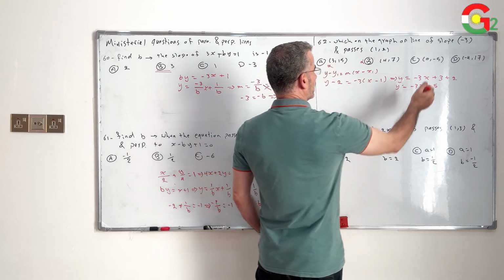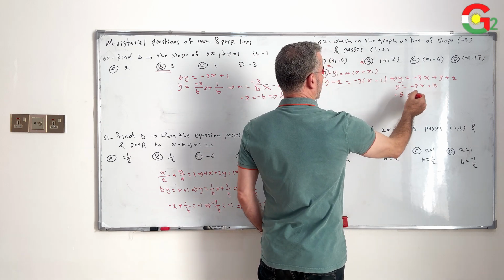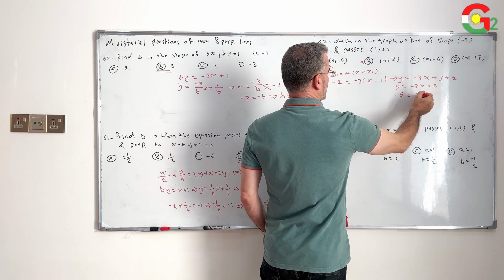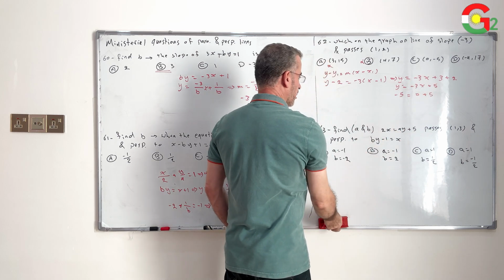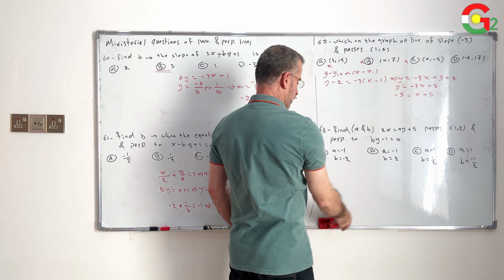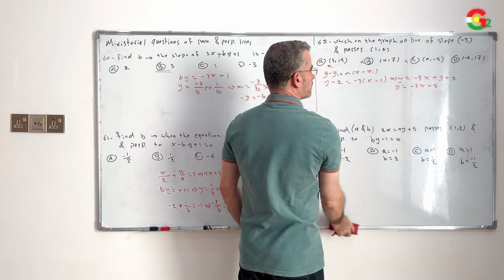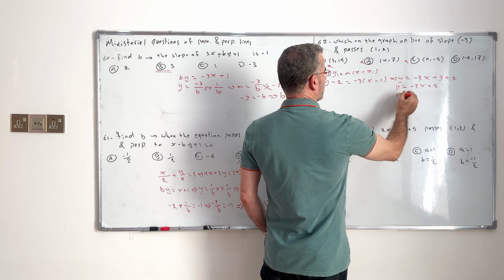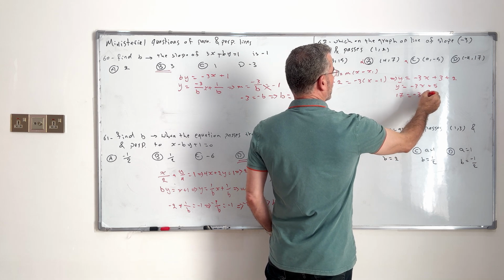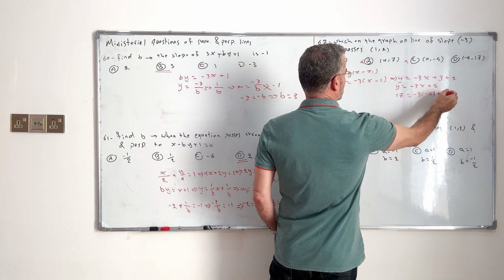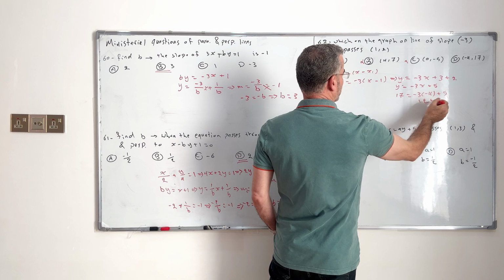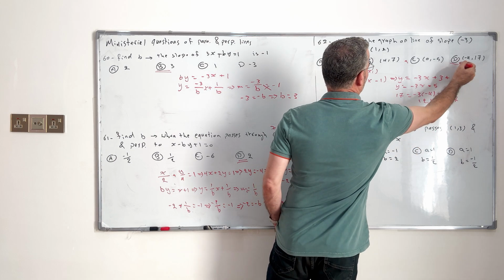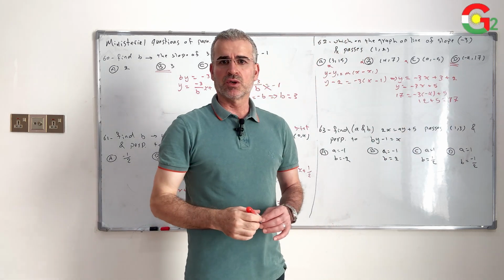The third point: negative 5, x is 0, 0 plus 5, negative 5 is not equal to 5, also wrong. The last point should be satisfied: 17 equals negative 3 times negative 4 plus 5, 12 plus 5 equals 17. This is the right choice.